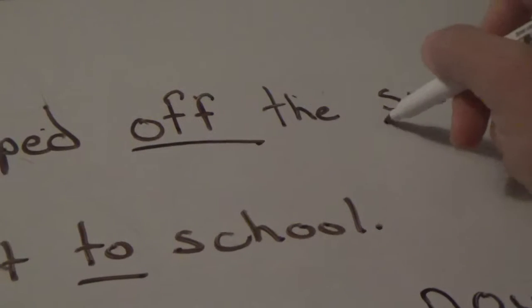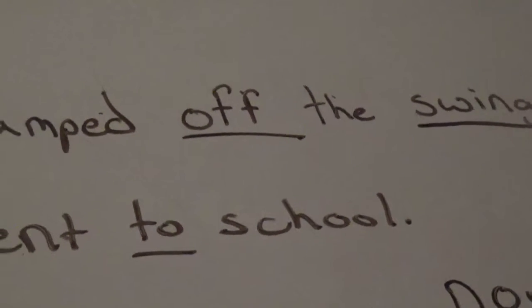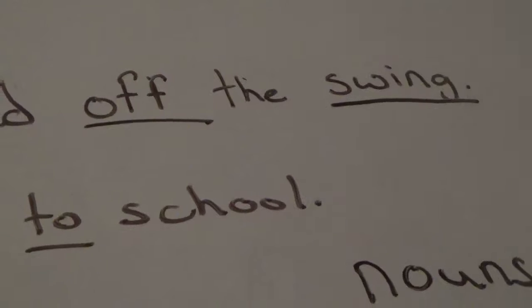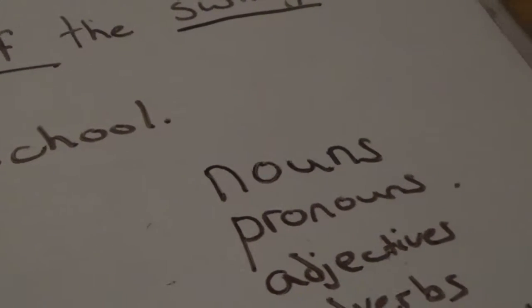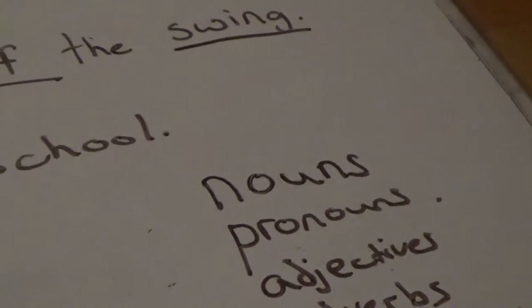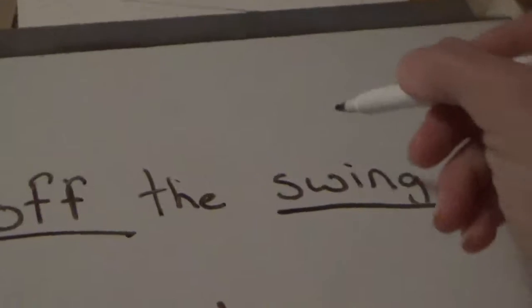If you're not sure if a word is a preposition or not, there are a couple of things you can do. First of all, you need to know that a preposition will always have an object. The object of the preposition is a word at the end of the prepositional phrase. So it's a word that follows a preposition, and it is always a noun or a pronoun.